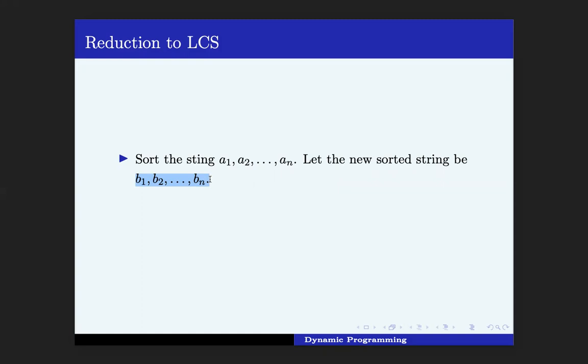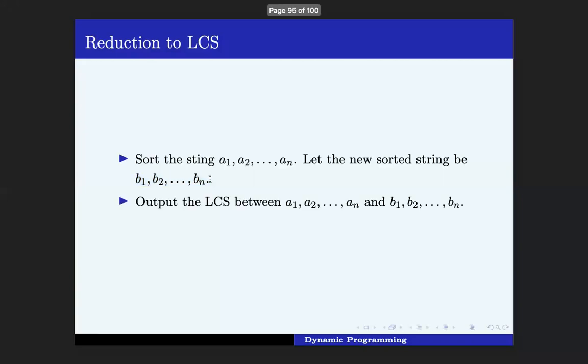So in other words, the longest common subsequence of A1 to An and B1 to Bn is nothing but the longest increasing subsequence of A1 to An.